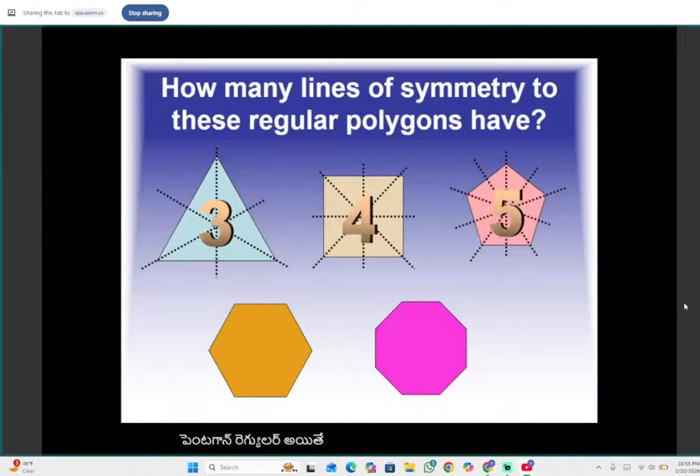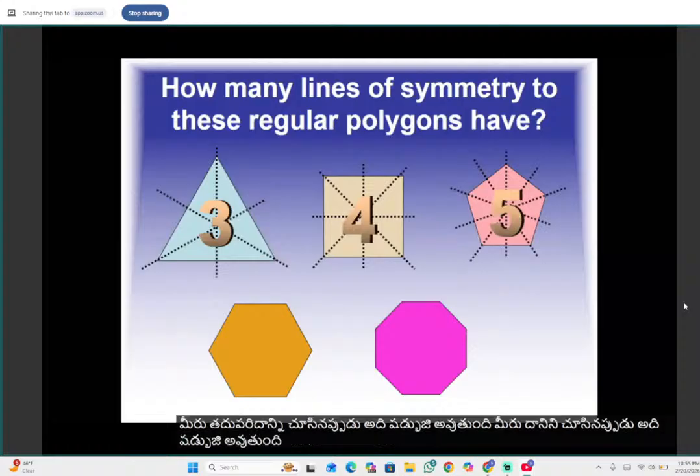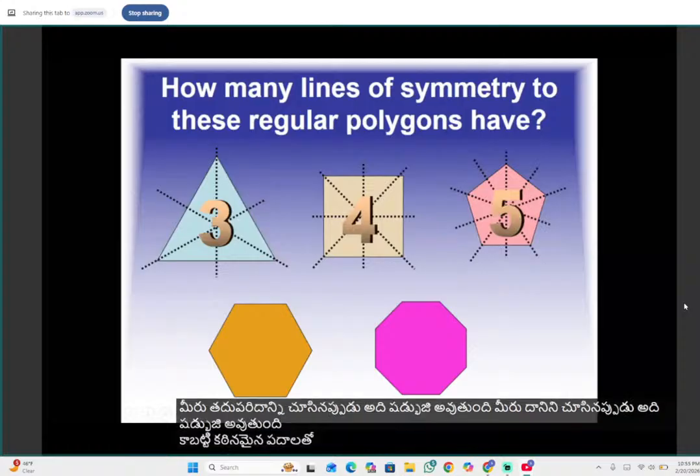So, when you look at the next one, it is a hexagon. A hexagon will have 6 lines.